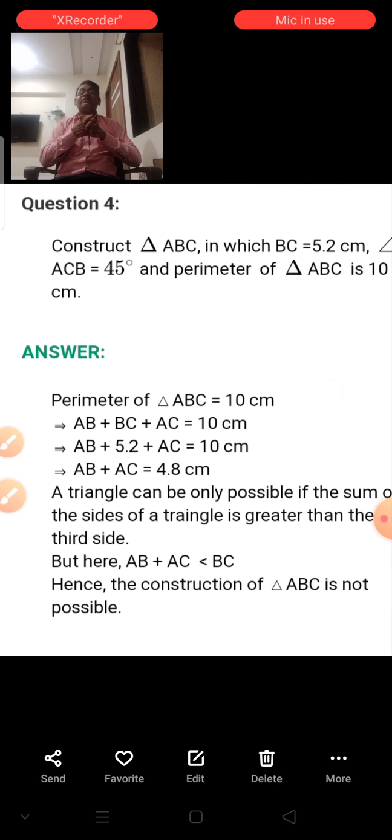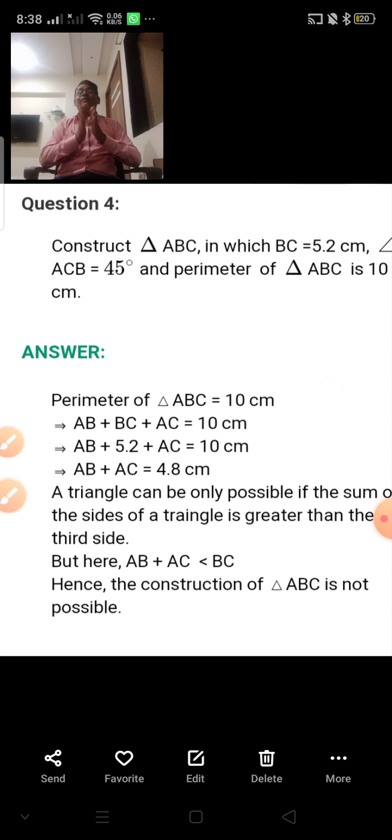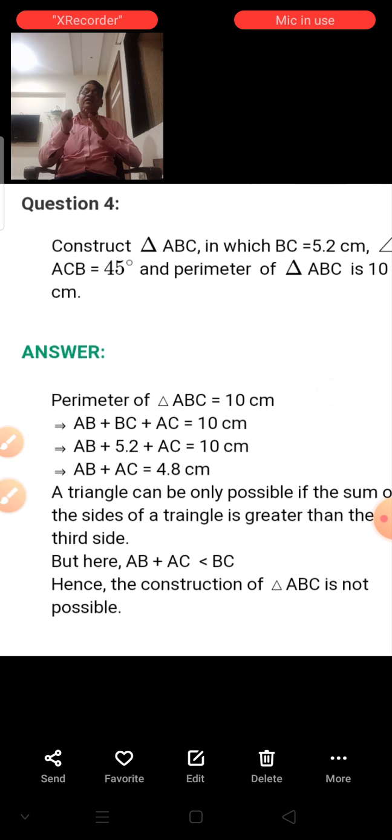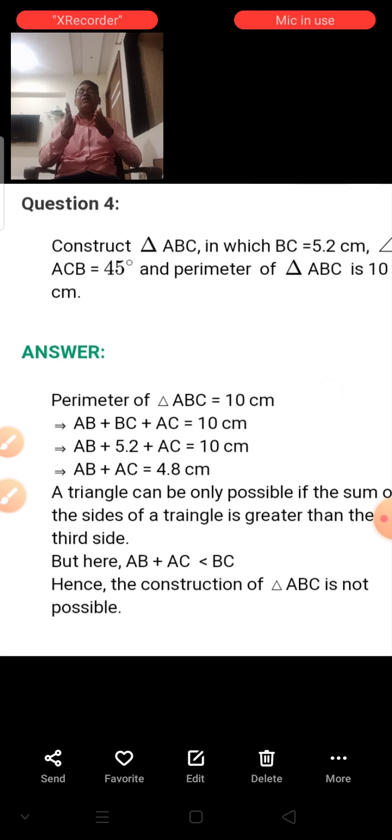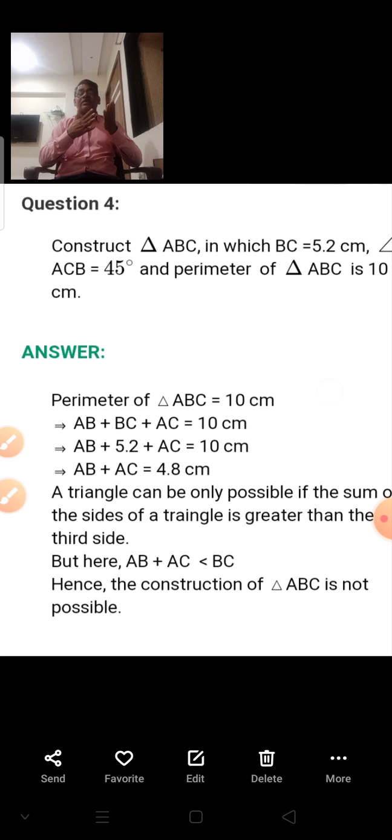Okay, today's exercise is 4.1. There are four questions, and we already completed those four questions: question number 1, 2, 3, and 4. So you have to practice all these questions. The last question is not constructable, so we can't construct that one.